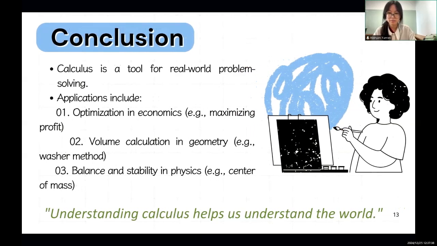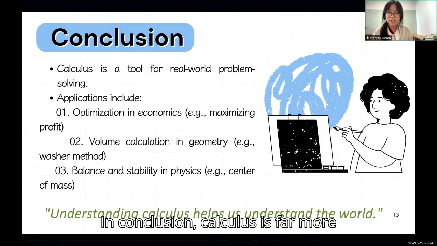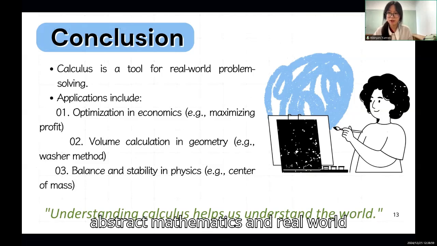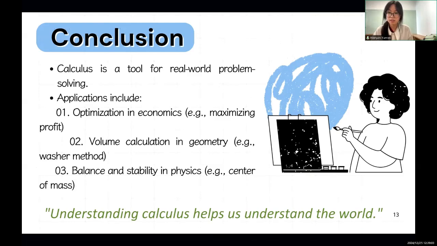Conclusion. In conclusion, calculus is far more than a collection of formulas. It's a versatile tool that bridges the gap between abstract mathematics and real-world applications.